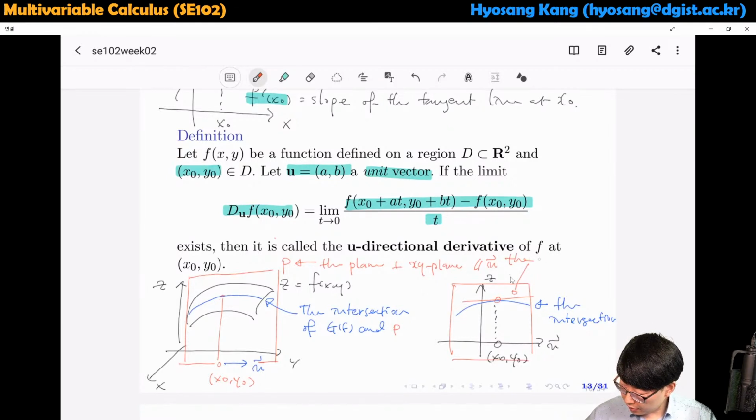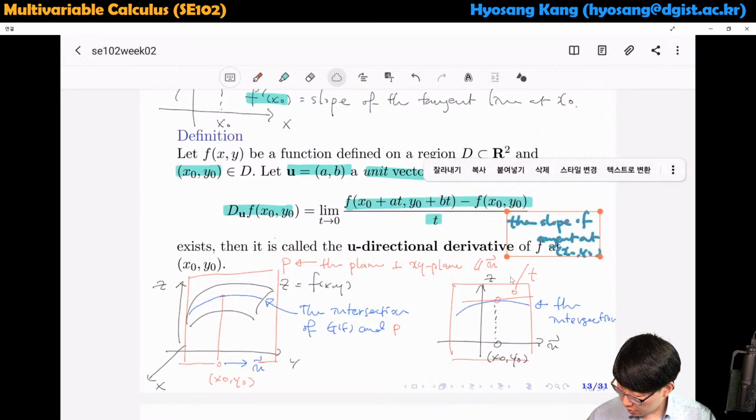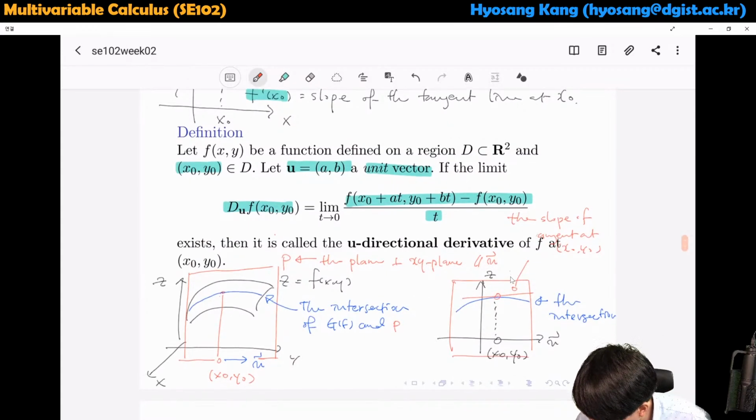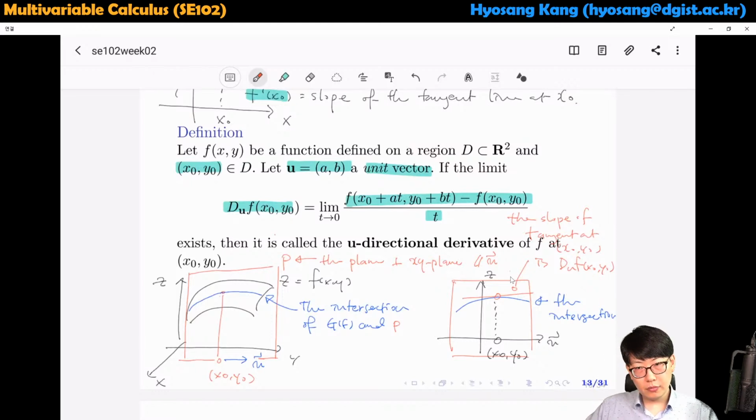The slope of the tangent line at x0, y0 is D_u f at x0, y0. So let me think again.